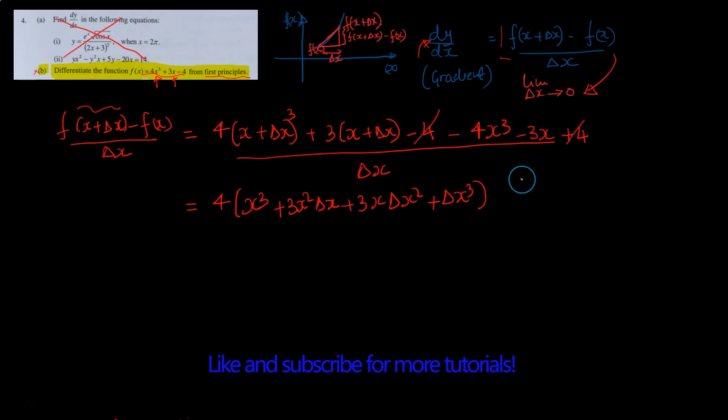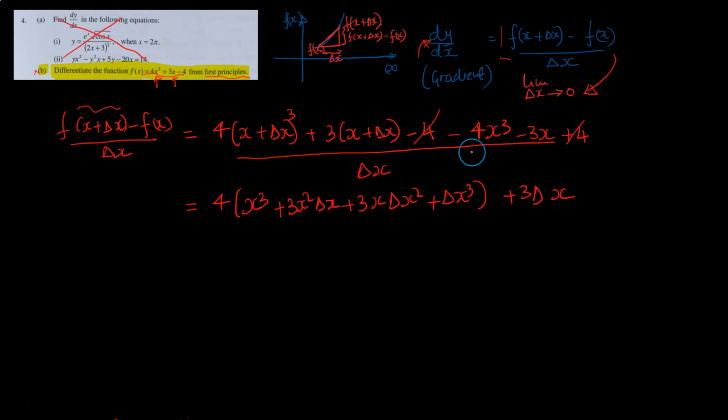Okay, then we have our plus 3x. In fact, we can get rid of plus 3x because we have minus 3x here, but then we are left with plus 3 delta x, and then we are left with take away 4x cubed. Everything divided by delta x.